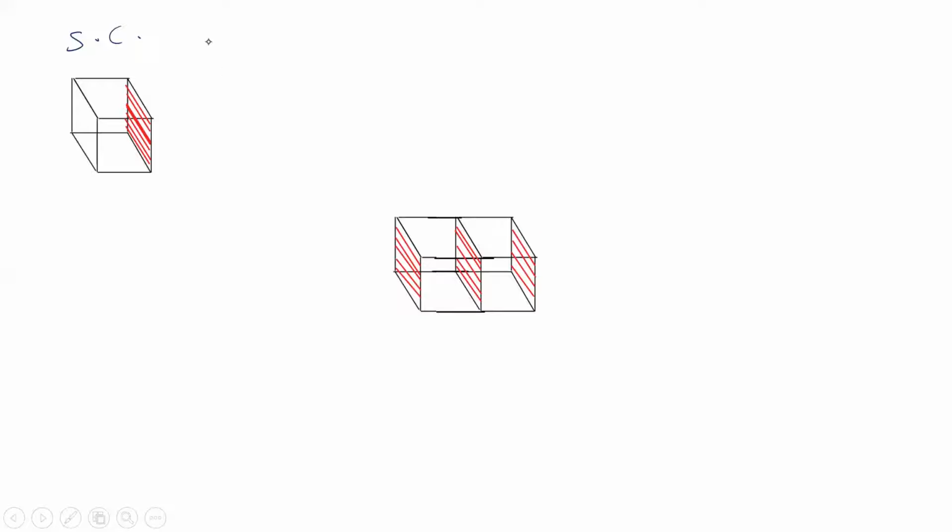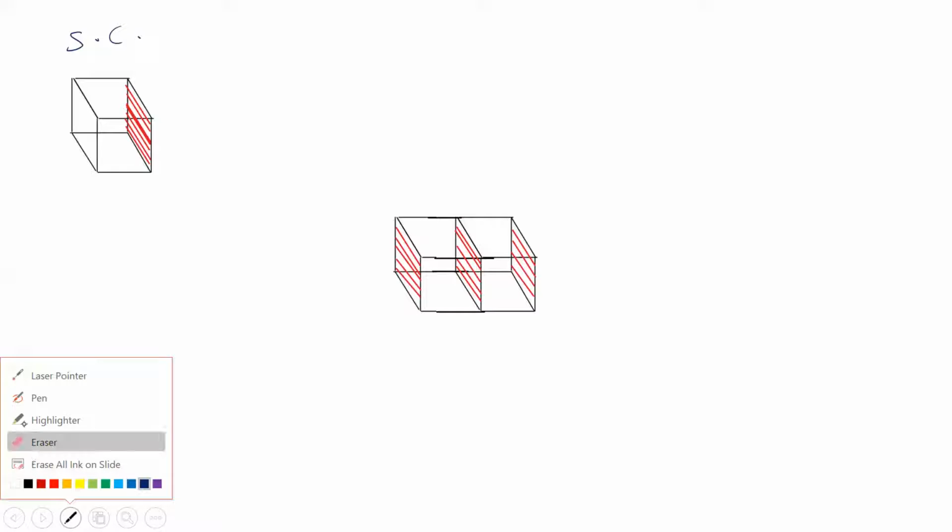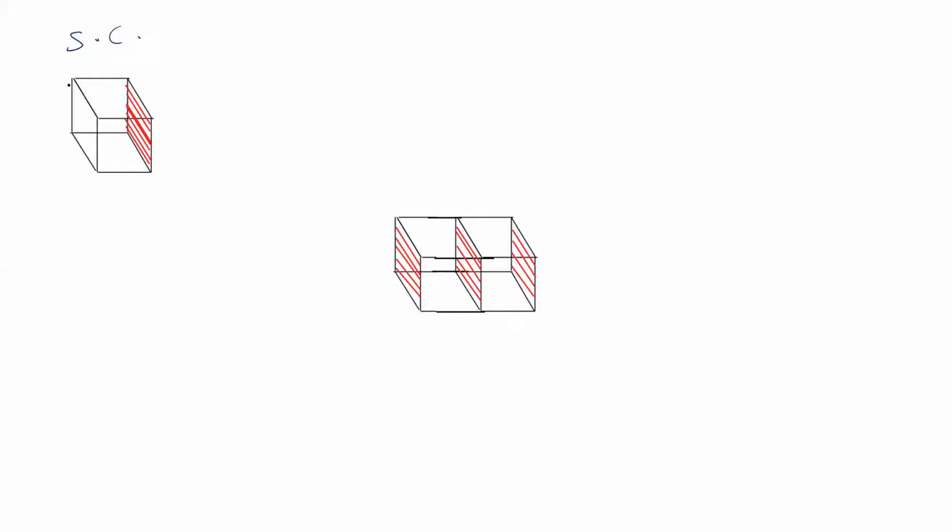In the corners we keep constituent particles: 1, 2, 3, 4, 5, 6, 7, 8. In the corners we have placed constituent particles.